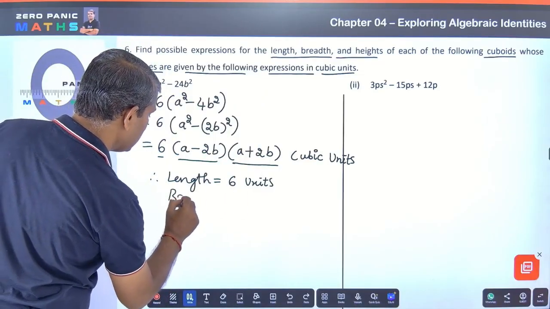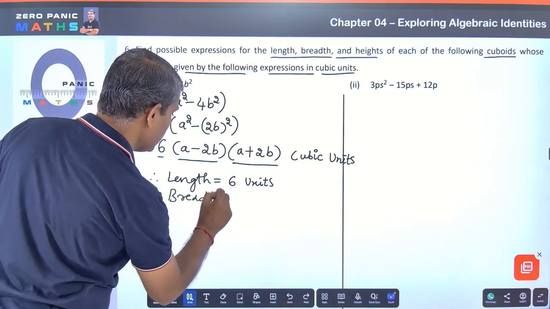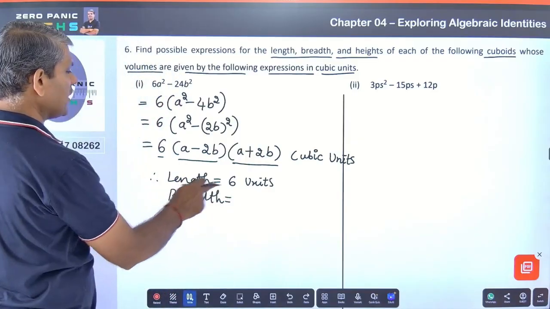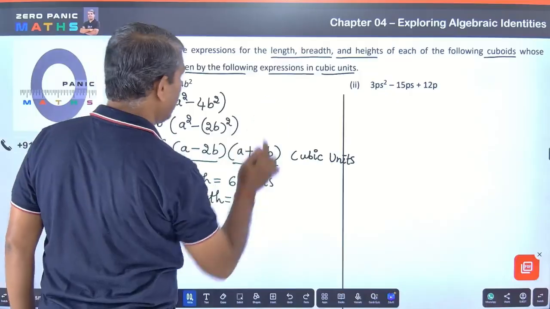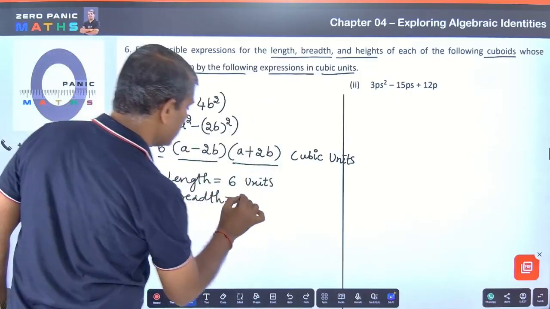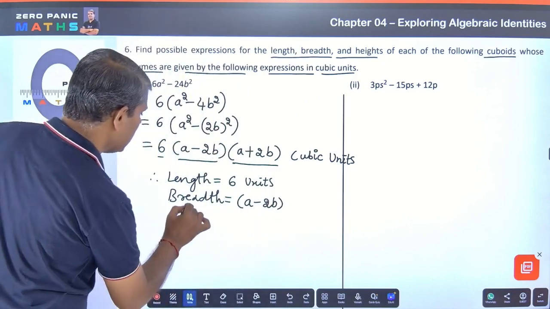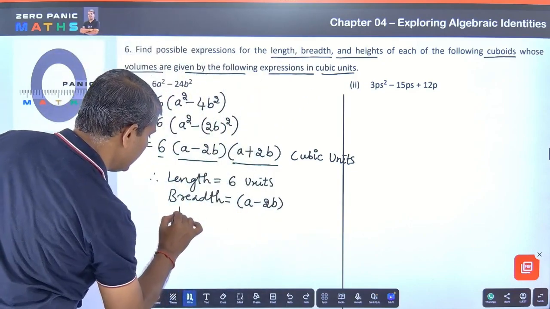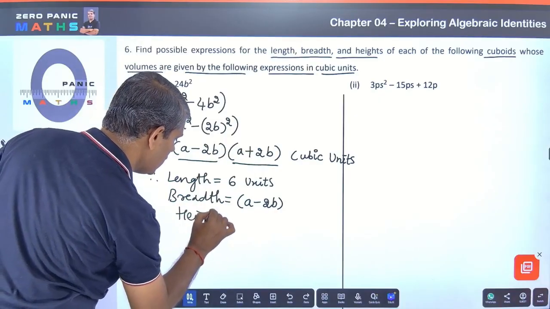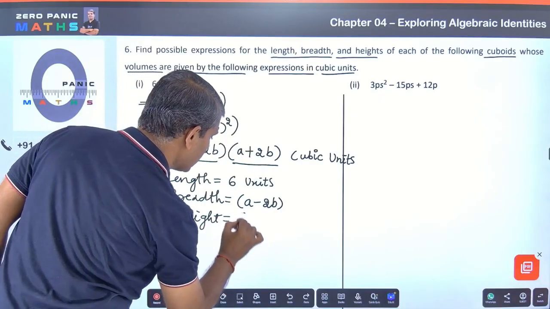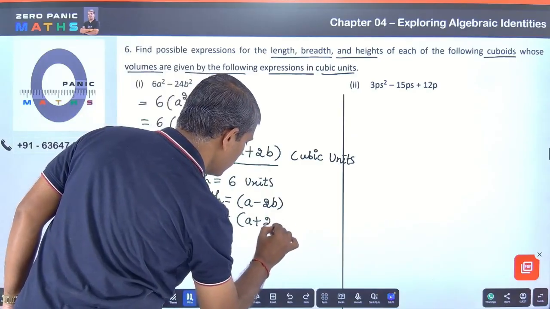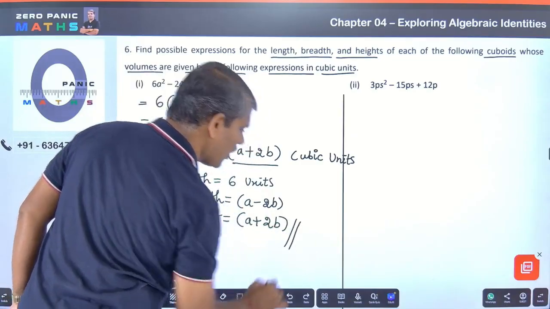Length we have considered as 6 units. So breadth is the one factor, that is a minus 2b units, and finally height is equal to another factor, that is a plus 2b. You got the three factors.